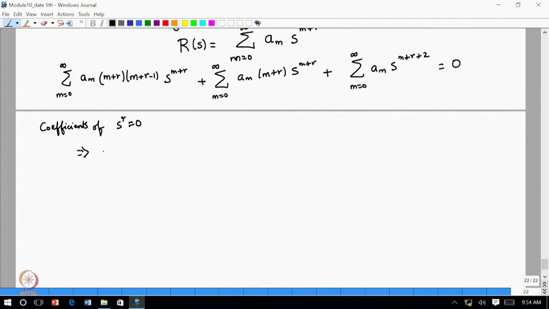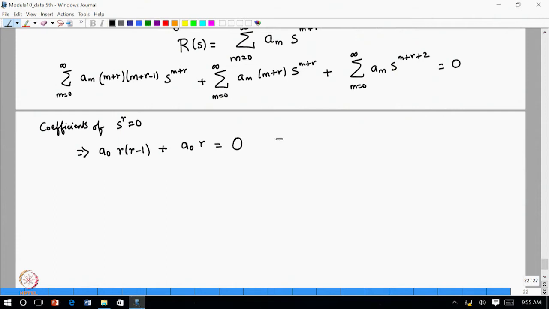If you want s raised to r, then m has to be 0. So you get r times r minus 1, and then you have s raised to r. Now here also m has to be 0, so a 0 plus a 0 r equal to, and now here if you want s raised to r, then m has to be minus 2, but m cannot be negative. So you do not get any contribution from here.